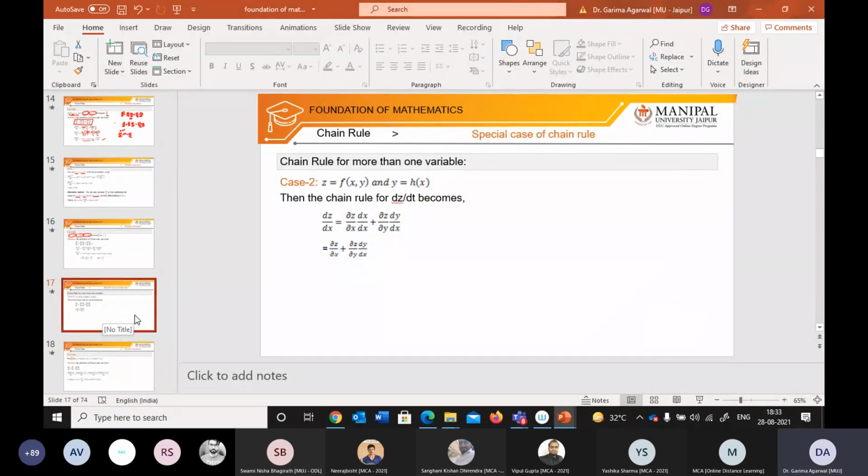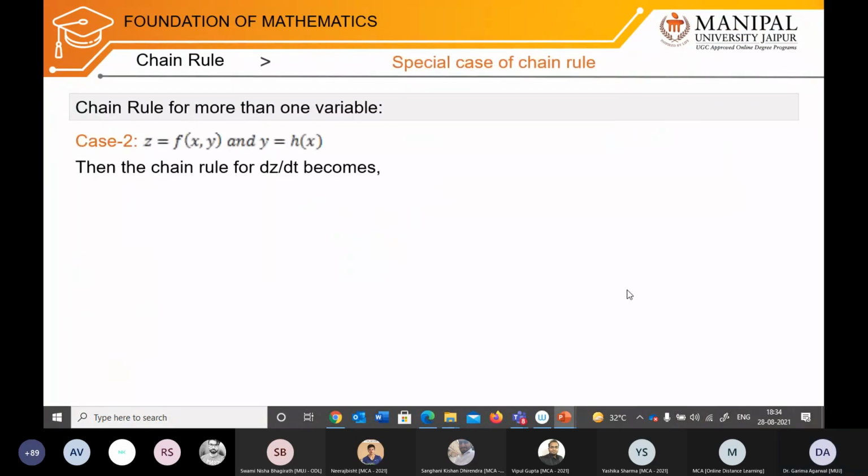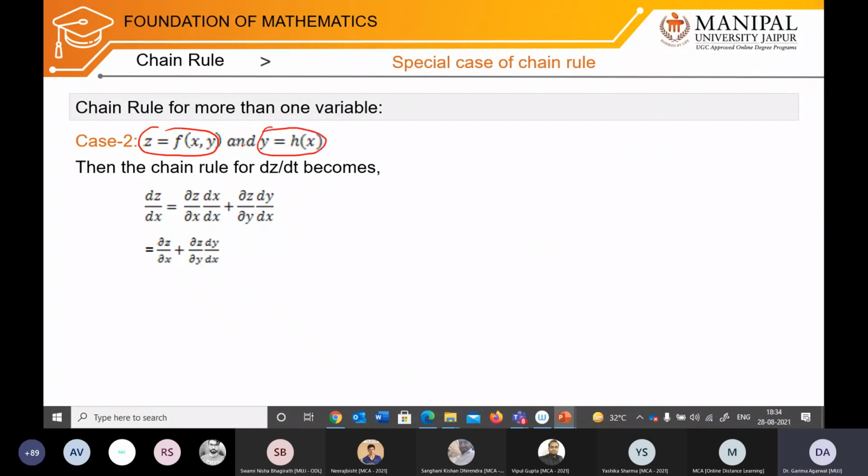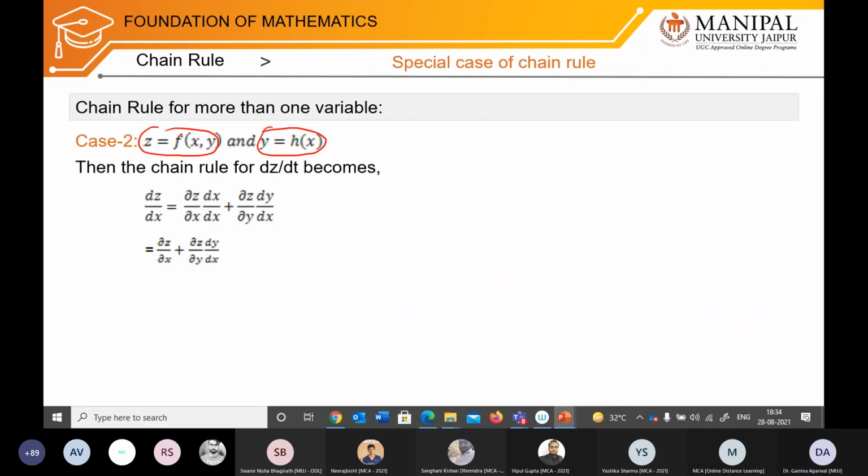So in that case, let's discuss a few special cases of chain rule. Z is a function of x and y is a function of x, then what will the chain rule be?